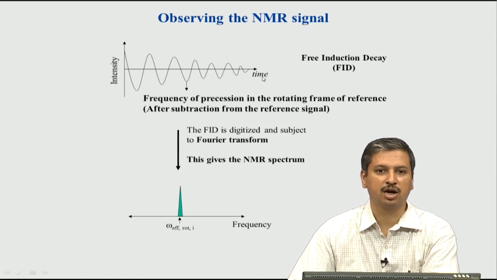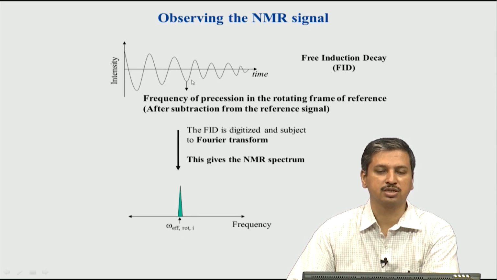This is what is done by the hardware electronics, which is part of the whole instrument, and that captures the signal as a function of time. This signal is now Fourier transformed to get the frequency, and that is called a spectrum. So, the NMR spectrum is a frequency domain spectrum. You see the frequency is written here. So, this FID contains a frequency omega in the rotating frame.